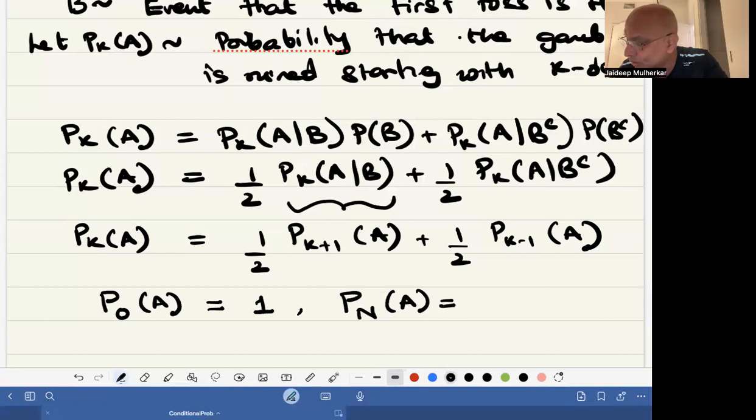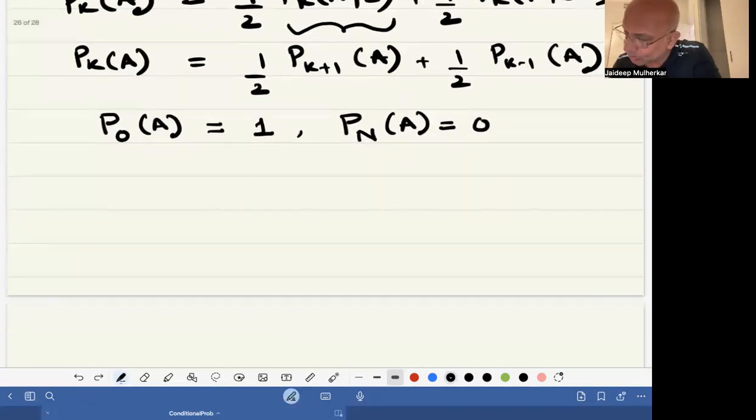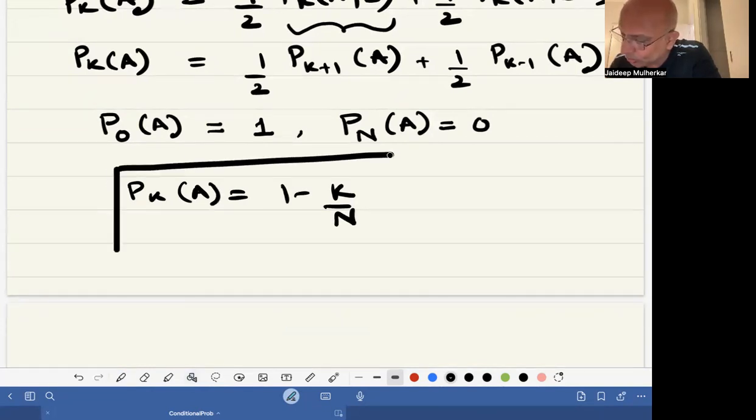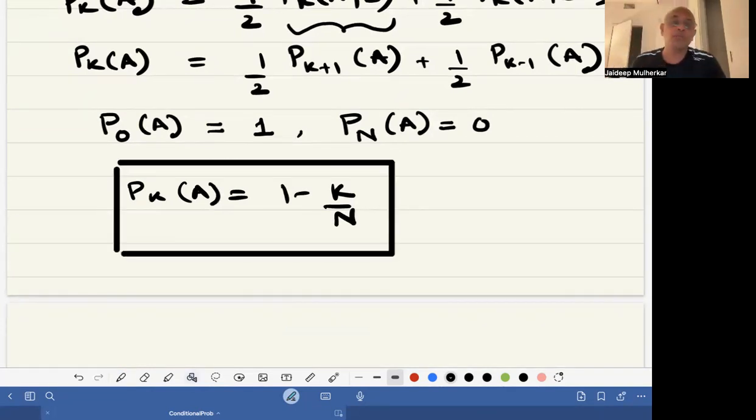So this will be 0. And so we have a recurrence equation which we can solve. I won't go into details of how to solve the recurrence equation. If you solve this, you get Pk of A is equal to 1 minus k over n. So this is our solution to the gambler's ruin problem.